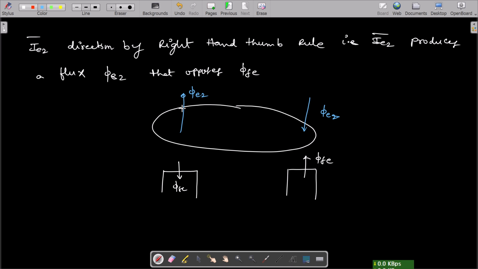Now if you place the thumb in the direction of phi E2, we will get the eddy current directions in this way. Similarly here also we get another IE2. In the same way we can get it by using the right hand thumb rule.